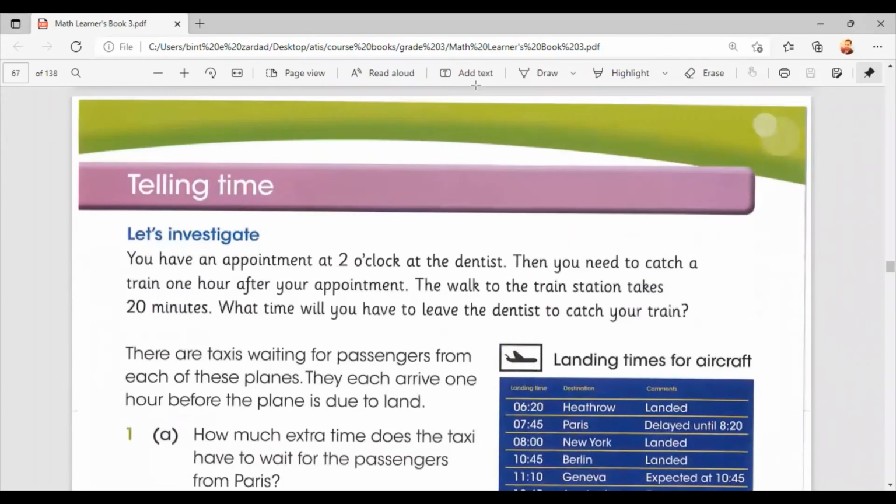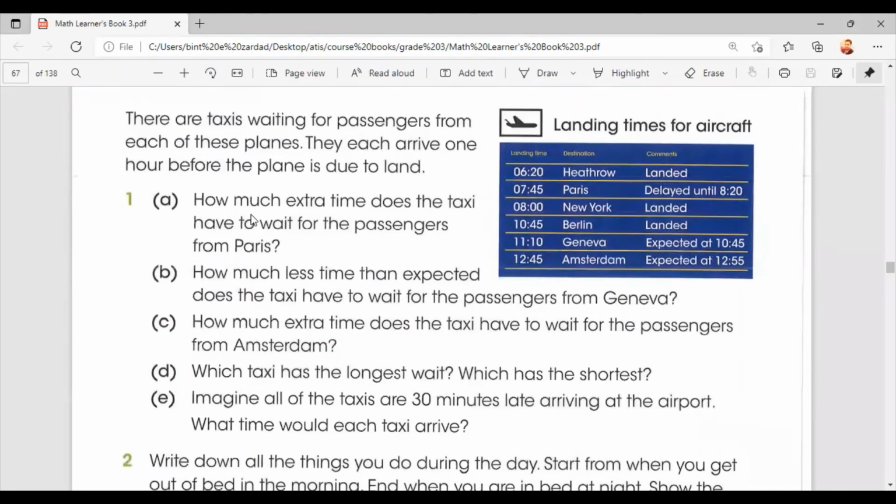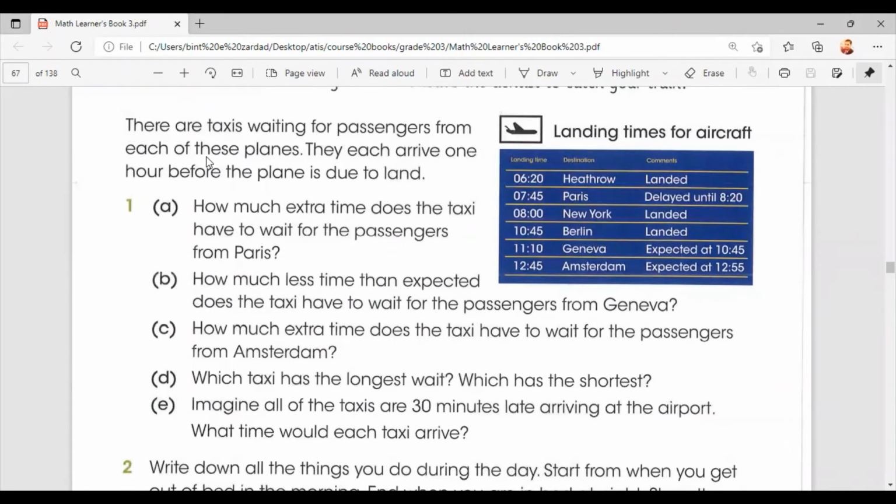Next page about telling time. There are 6 taxis waiting for passengers from each of these planes. They each arrive 1 hour before the plane is due to land. Question number 1.